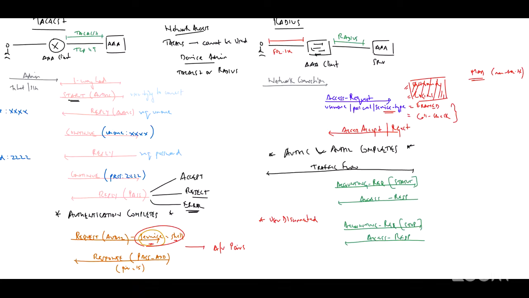It has many, many attributes that are used to convey lots of different information. We call these attributes, and any values against these attributes together form an AV pair, or an attribute value pair.